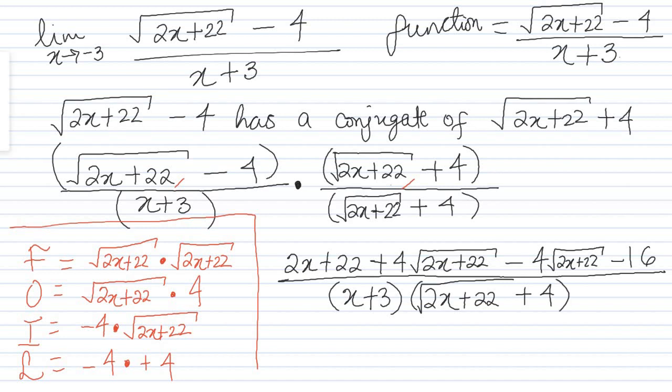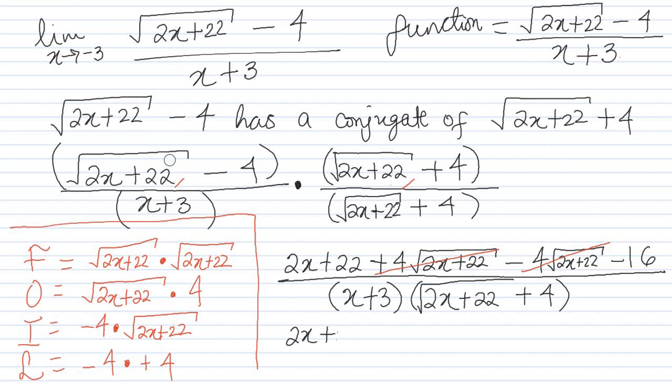So you have a positive here, you have a negative here. You cancel out, so you end up with 2x plus 22 minus 16. 22 minus 16 is what? 22 minus 16 is simply 6.